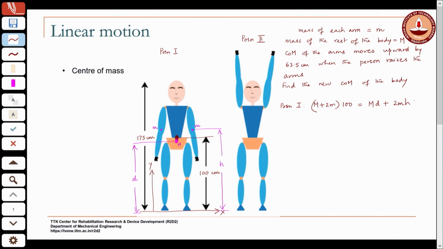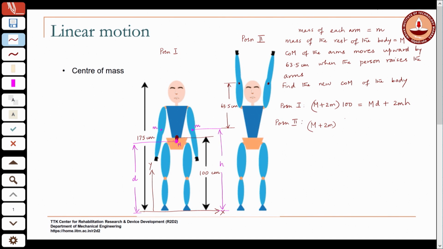And in the second position, now the center of mass of the arms has moved up from this initial position by a distance of 63.5 centimeters. Okay. So, for position 2, I can say M plus 2m.